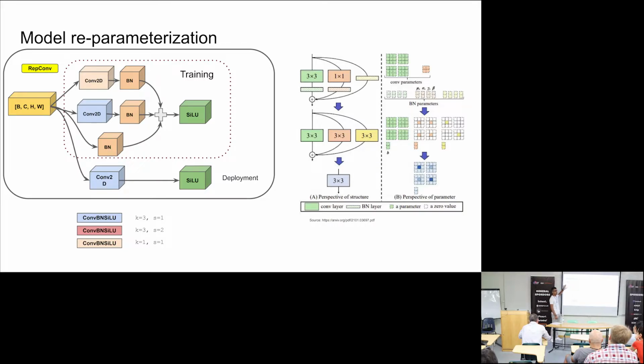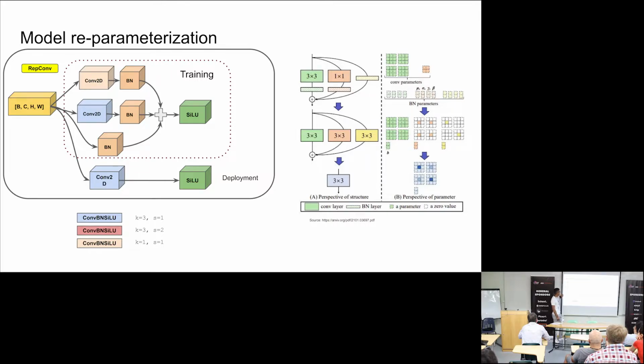The first branch is the output signal from the previous layer that just adds a batch normalization. Then there is a 3x3 kernel convolution followed by a batch normalization, and a 1x1 convolution, again followed by a batch normalization. During the training process, all of this gets added up, and then an activation function is applied.